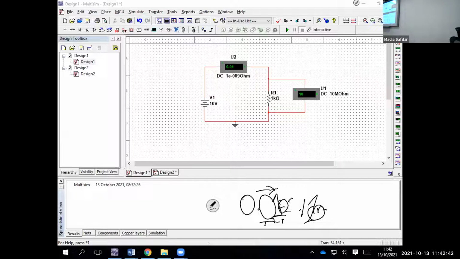You have to do it because when you plot the graph, all the values should be in milliampere. When some value comes in ampere, just shift the decimal and change it to that unit.